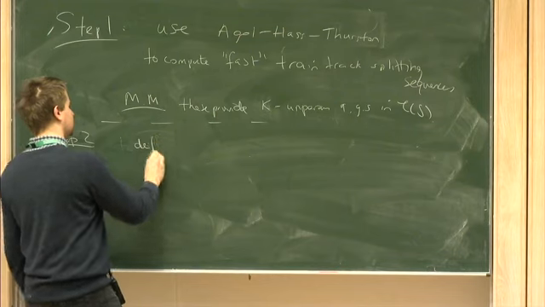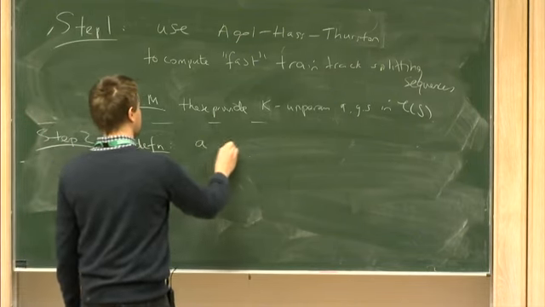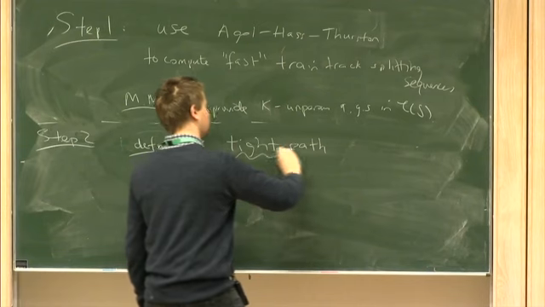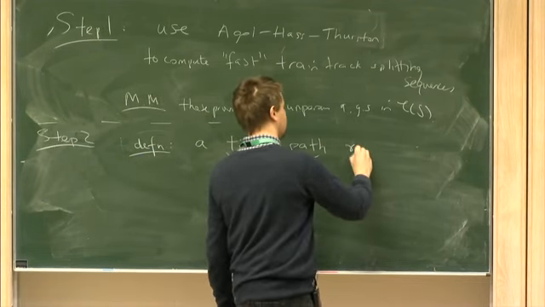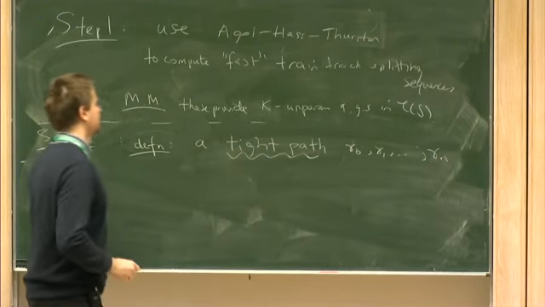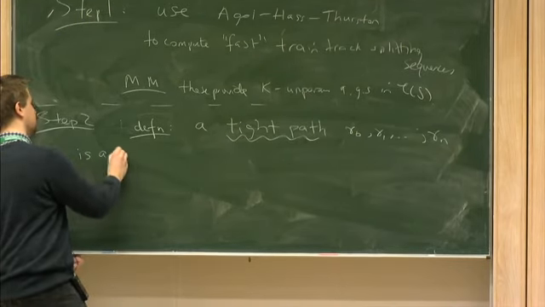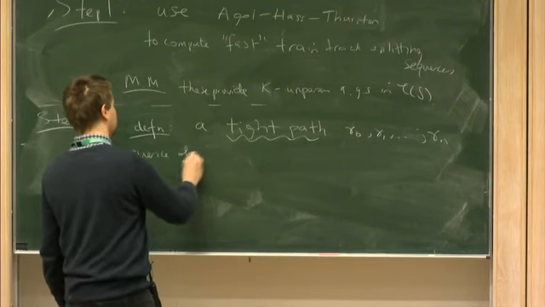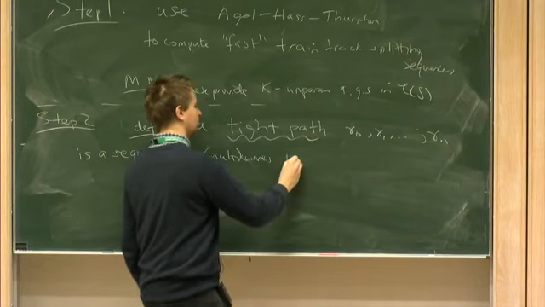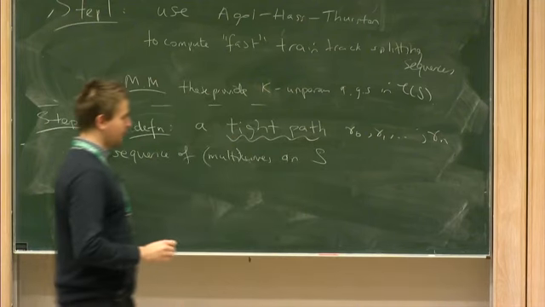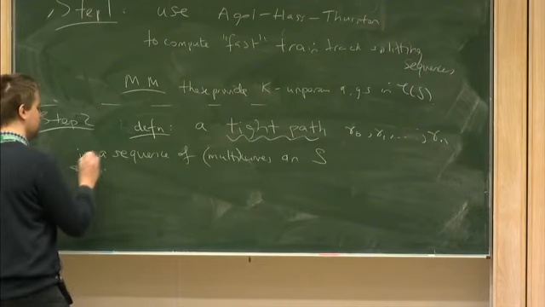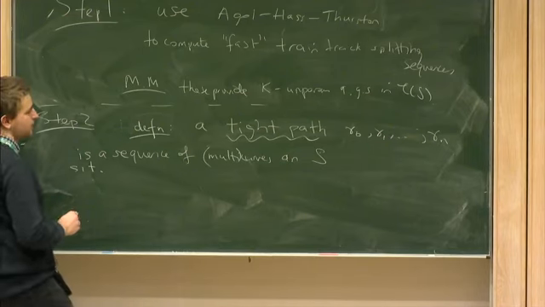So, definition, a tight path gamma 0, gamma 1, dot, dot, dot, is a sequence of multi-curves on the surface such that the two following things hold.